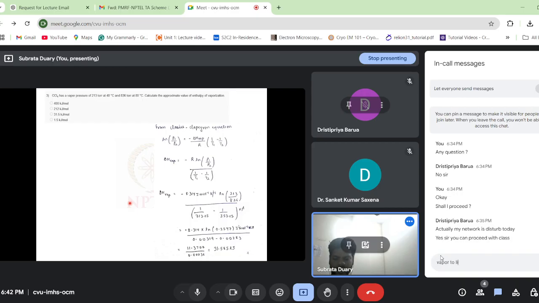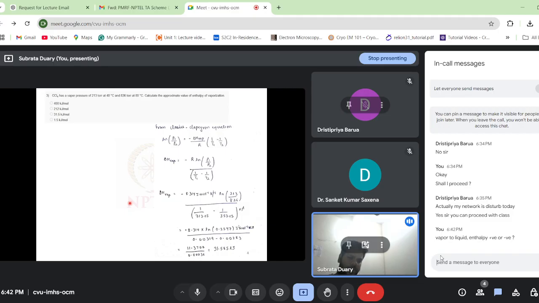Vapor to liquid, enthalpy, positive or negative? From vapor you are making liquid, is enthalpy positive or negative? Anyone? You can write in the chat box also.